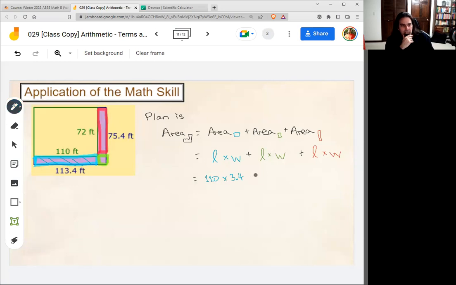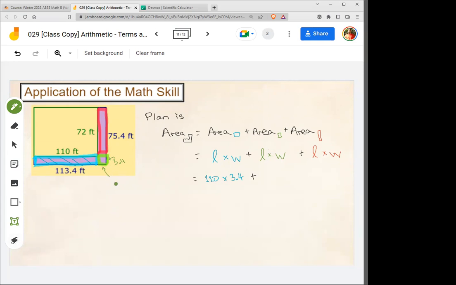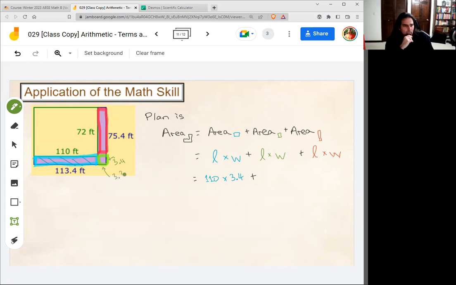Then how big is the green one? We just saw that this is 3.4. What's that little edge? Is it 3.4 again? It is. This distance goes 110. Then we go a little bit more to get to 113.4. So it's also a, whoops, I put 3.3 because I made a mistake.